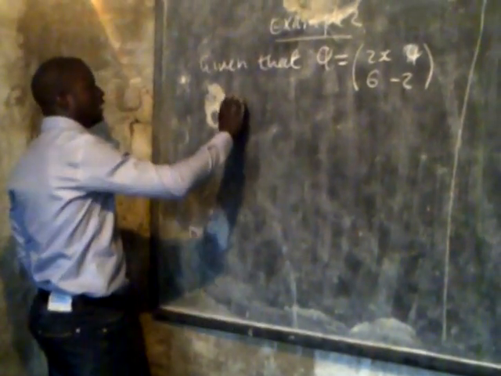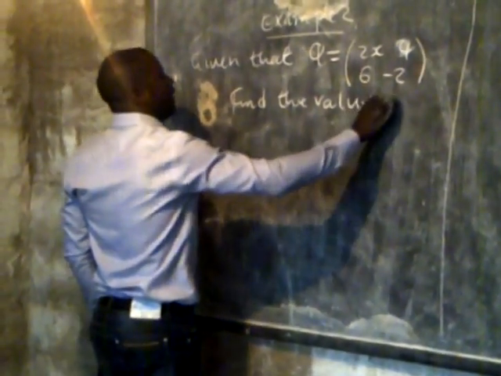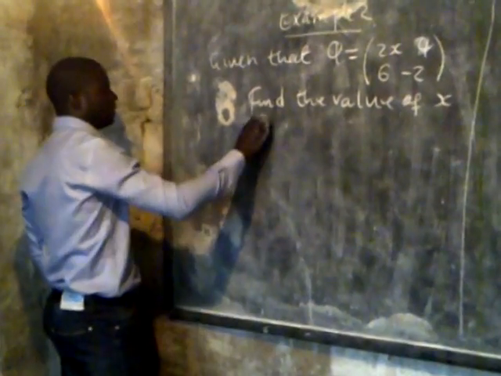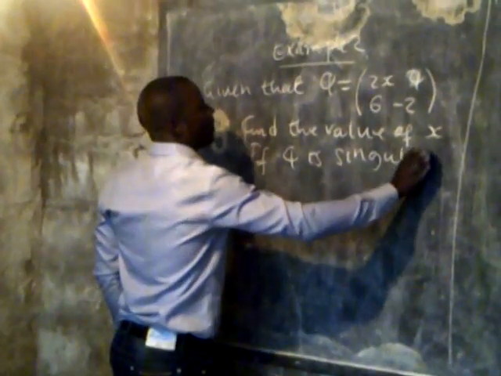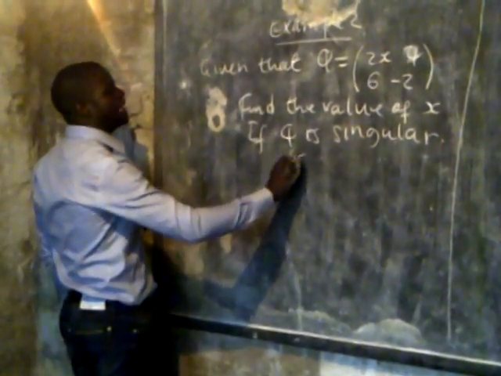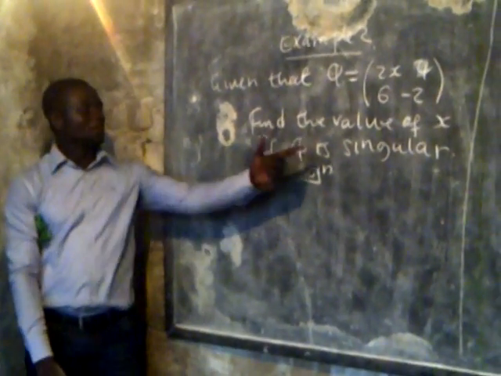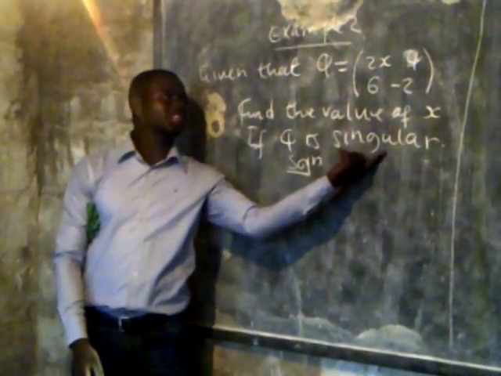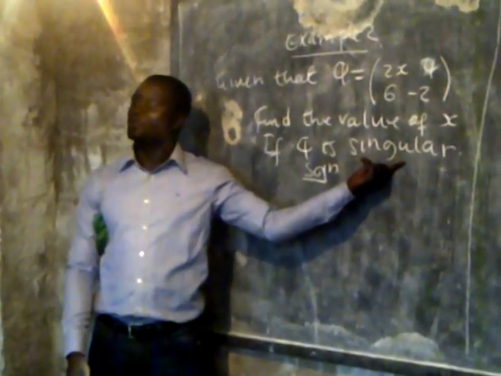Then find the value of x if Q is singular. So when you answer in mathematics, you should mark important words, okay? Find the value of x if Q is singular. So singular is an important word. What does singular mean? It means determinant should be equal to 0.